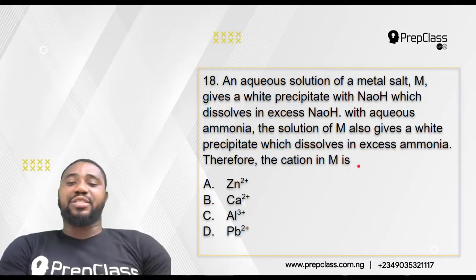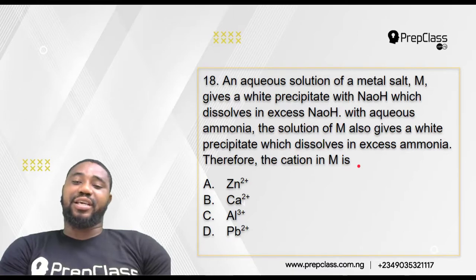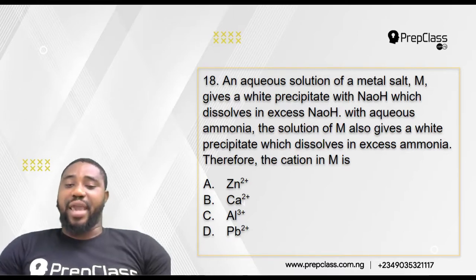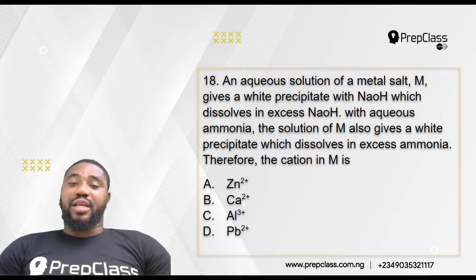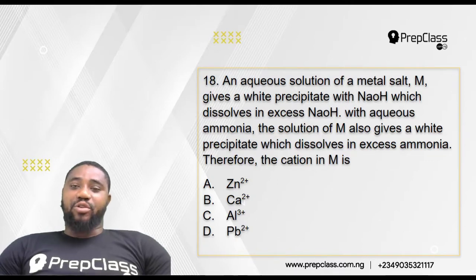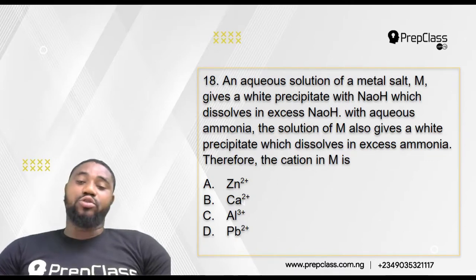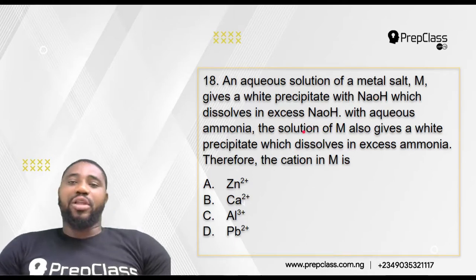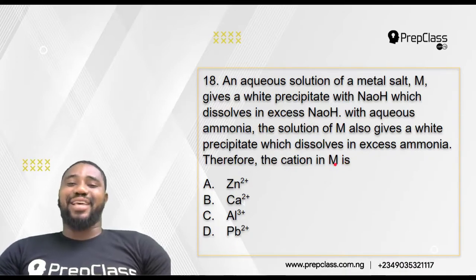Now they are telling us that they added dilute sodium hydroxide, NaOH, to this salt of metal M. It formed a white precipitate. When you now increase the volume of NaOH, the precipitate dissolved, telling you that this metal ion M is soluble in excess NaOH.